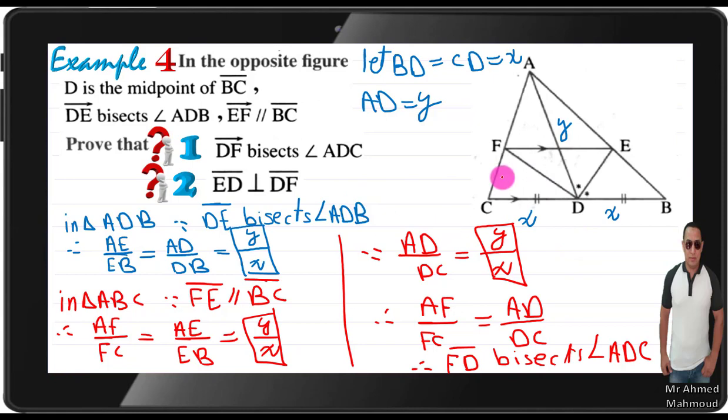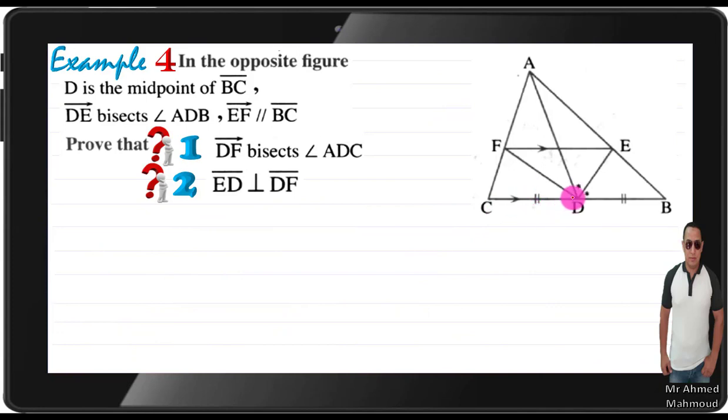I'm going to clear the screen like this. Now ED bisects angle ADB, and FD bisects angle ADC.